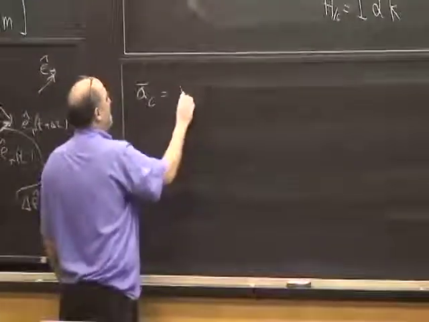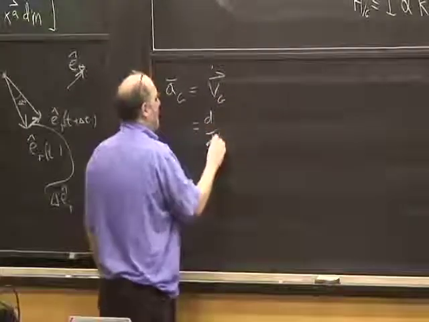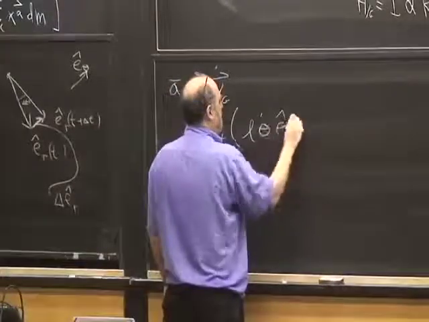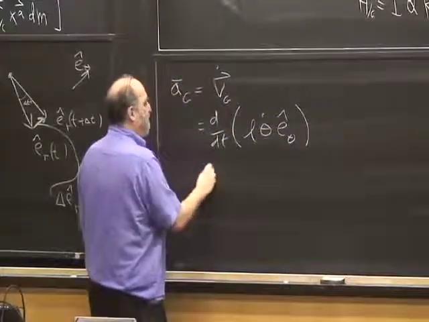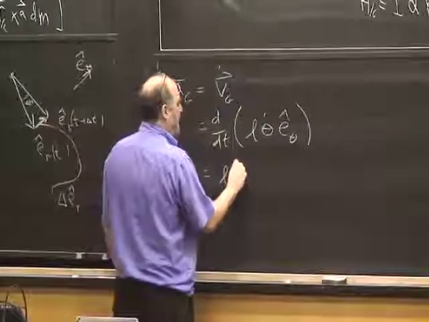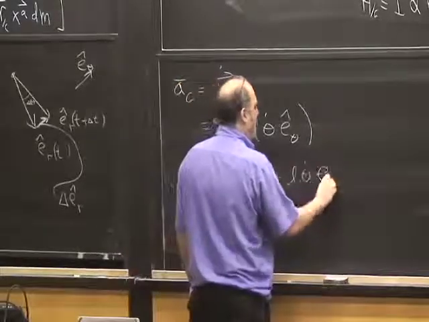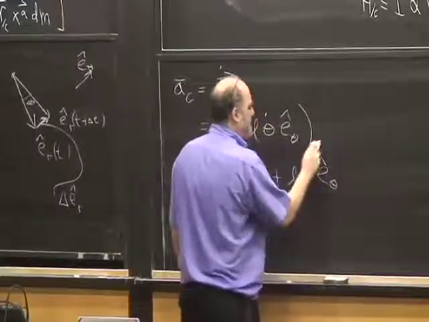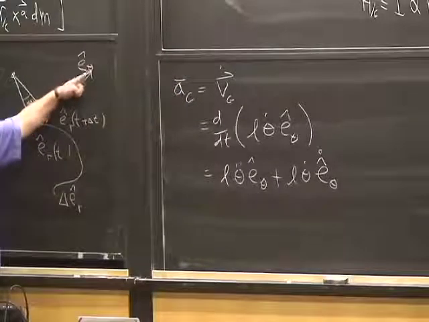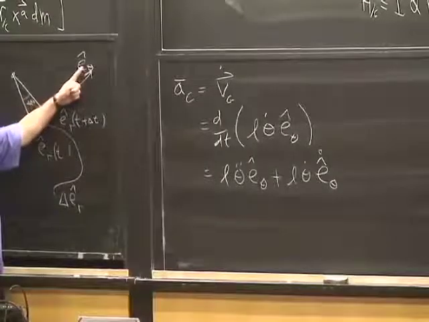The acceleration of g is the rate of change of the velocity. So that's equal to d by dt of this expression, L theta dot E sub theta. Now we have to use the product rule of differentiation. L is still a constant, so we get L theta double dot E sub theta plus L theta dot E sub theta dot, the rate of change of this E sub theta vector. How does this E sub theta vector change? By exactly the same rules as this E sub R vector. You go from one theta to the next.